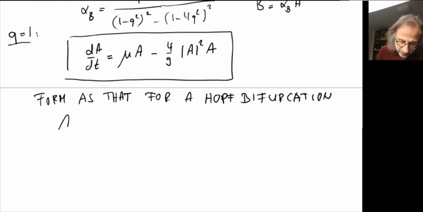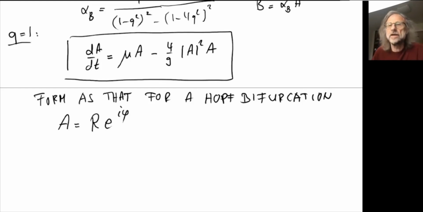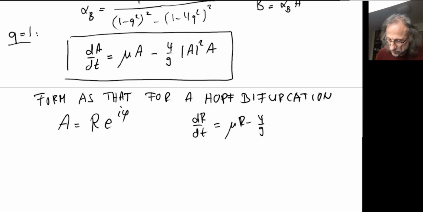We can simply, if you look at the magnitude of A, so let's just say A is equal to R times e to the i phi with some phase phi, then you read off that R satisfies the equation dR/dt equals mu R minus 4/9 R cubed. And that is simply describing a supercritical, not Hopf, a supercritical pitchfork.